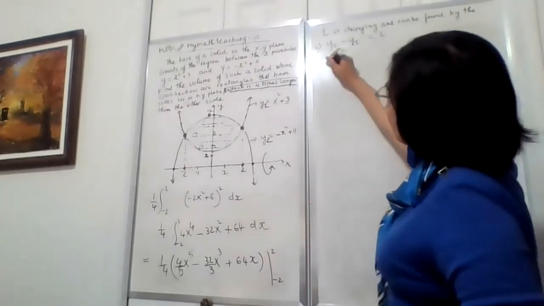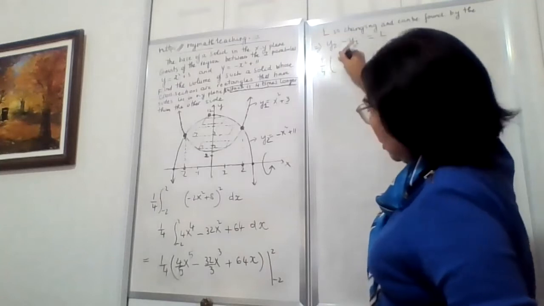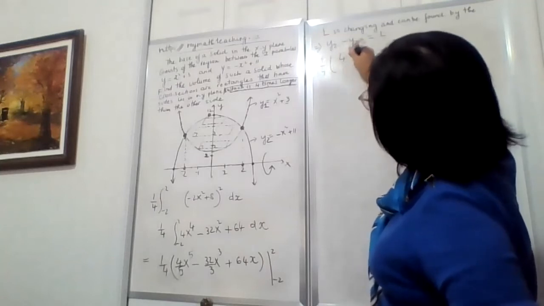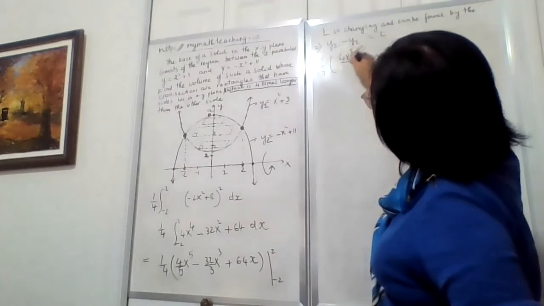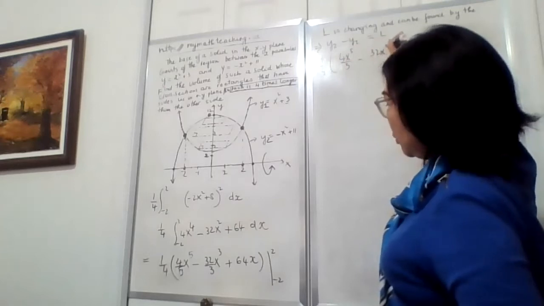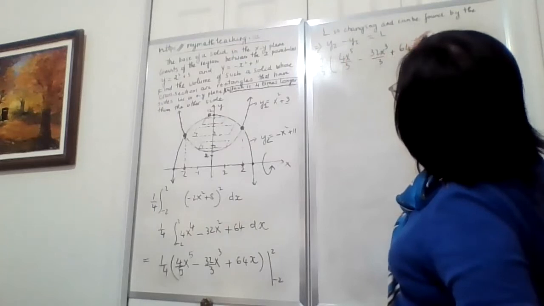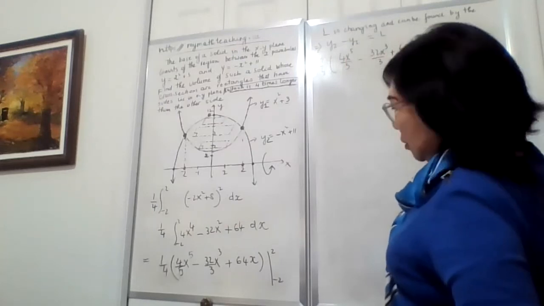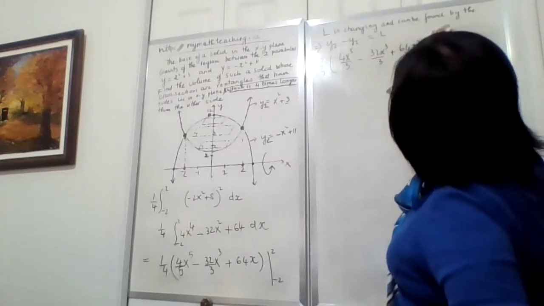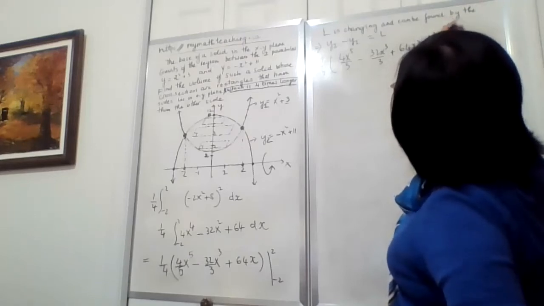So I'm going to put it here, 1 over 4, and we have 4x to the power 5 over 5 minus 32x to the power 3 over 3, adding with 64x, from minus 2 to 2.